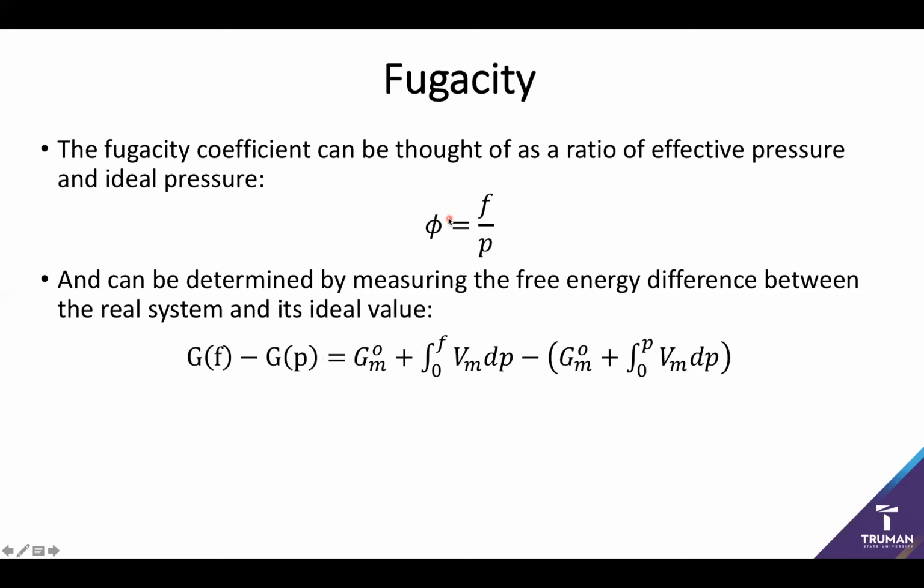So it's not too surprising that our fugacity coefficient will be related to essentially the free energy of our actual species and the free energy of the species if it was ideal.